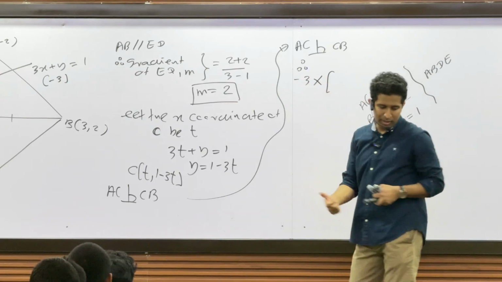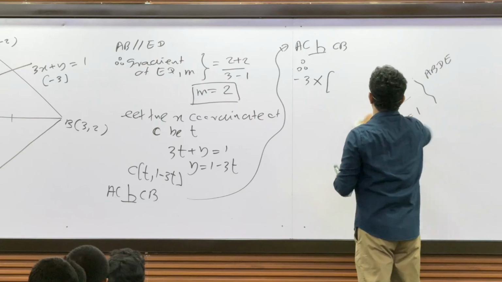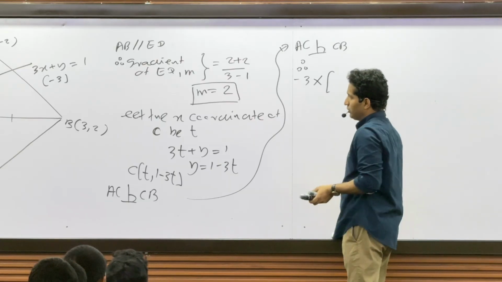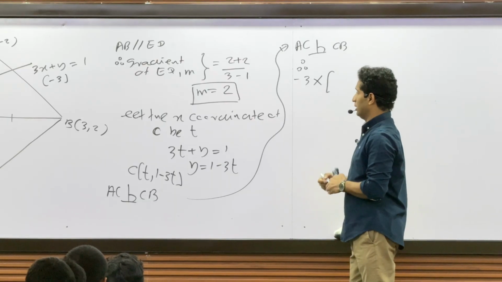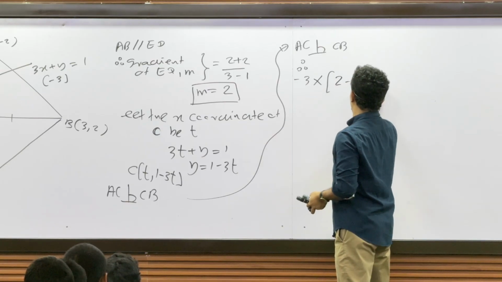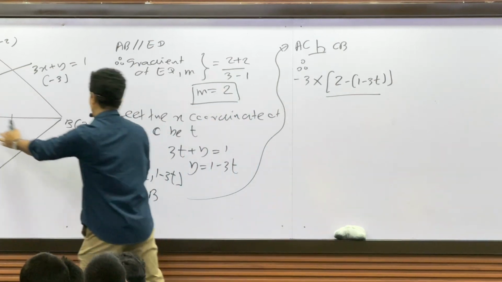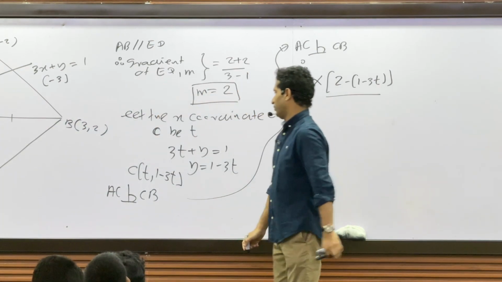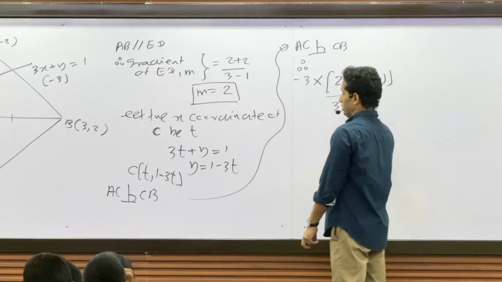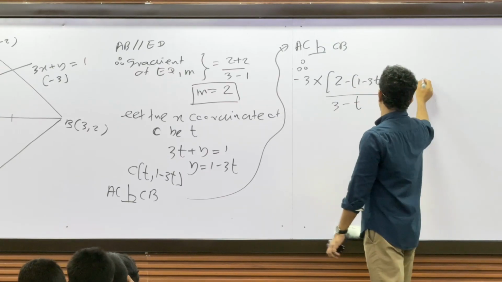Since we have taken C in terms of t, the gradient of BC is 2 minus (1 minus 3t) divided by 3 minus t. Minus 3 times this equals minus 1.